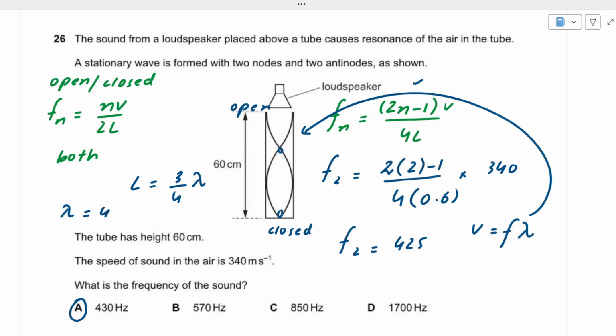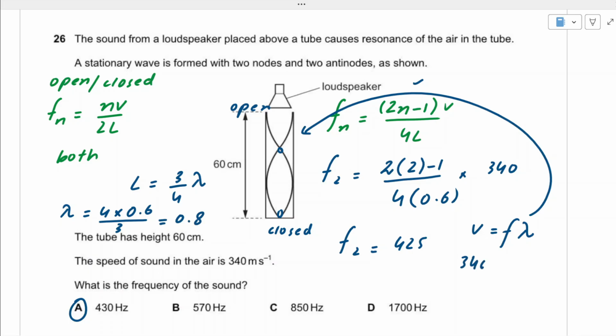Lambda would be 4 times 0.6 divided by 3, which is 0.8. So your value of wavelength is 0.8.